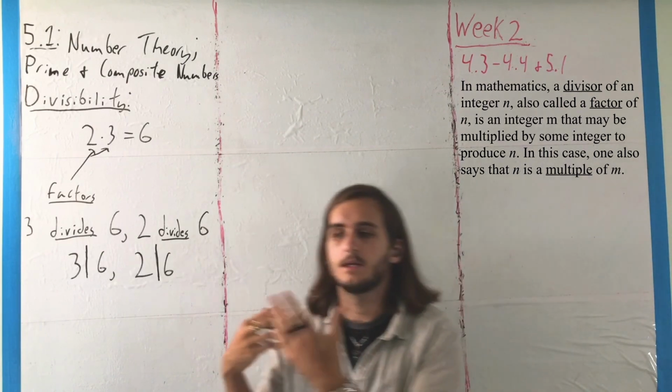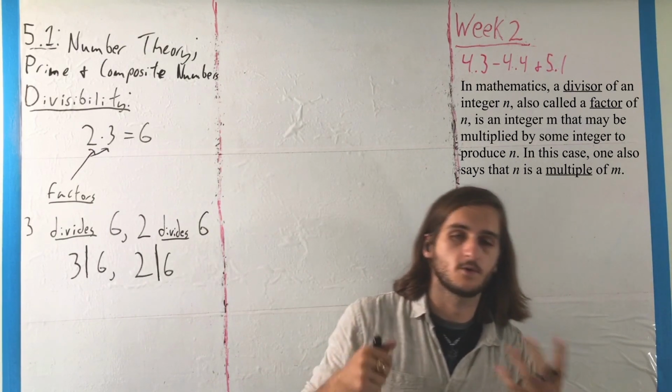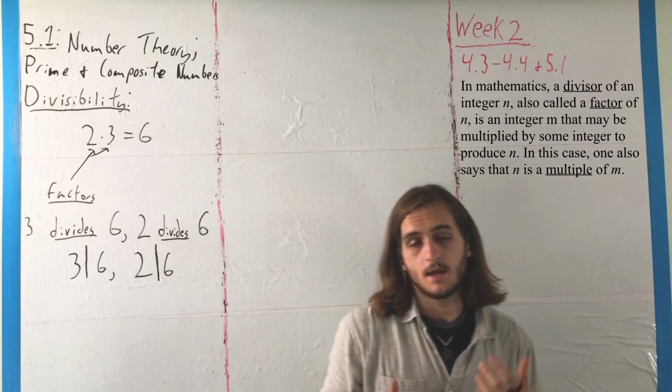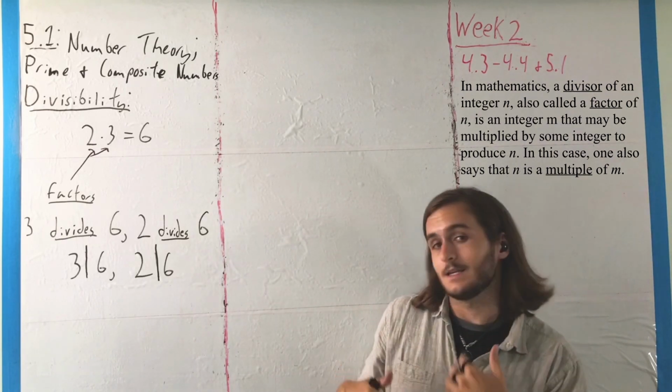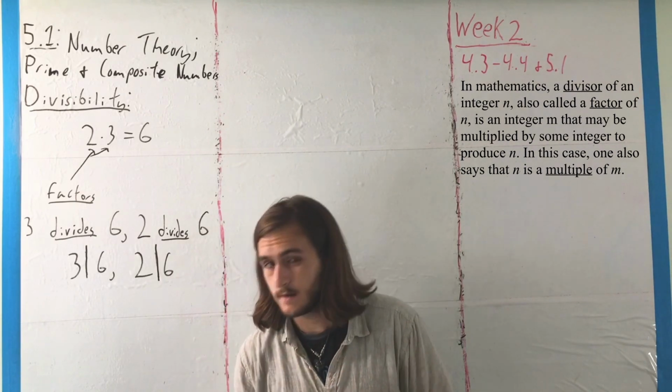That 3 divides 6, and 2 divides 6, or in other words, if you want to turn the wording around, you could say that 6 is divisible by 2, or 3, or 6, or 1 for that matter.